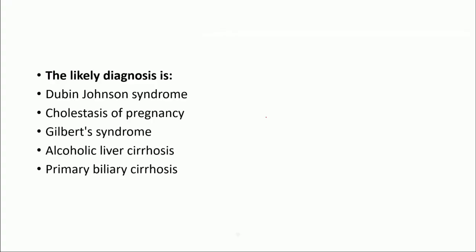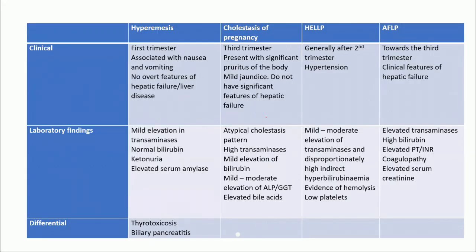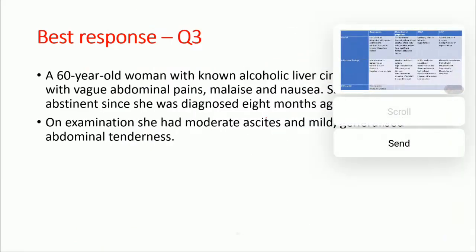Just jaundice, no symptoms, all the liver functions are normal. That is Gilbert syndrome, and it will give rise to an indirect hyperbilirubinemia. And this is a table of some of the pregnancy-related liver syndromes, if you want to read.